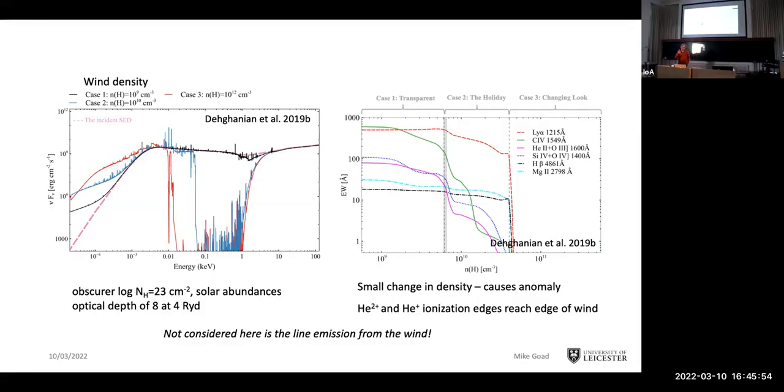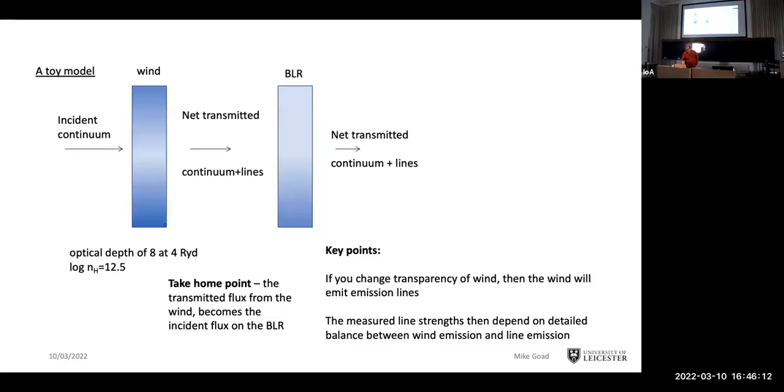Anyway, the vertical grey line here, which is the line of interest, says the obscurer with a column density of 10 to the 23 has an optical depth of about 8 at 4 Rydbergs. So it's really sensitive to the 4 Rydberg continuum. Okay, so my contention then is that you can, in principle, make the lines change in the right way.